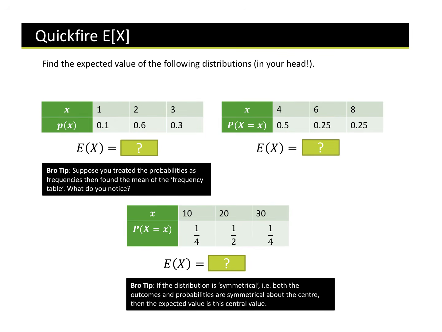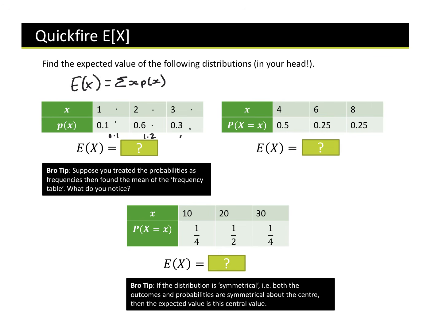Really quickly, can you find the expected values of each of these probability distributions? And you should be able to do this in your head. So the first one, we know expected value is the sum of x multiplied by the probability of x. So 1 times 0.1, 0.1. 2 times 0.6, 1.2.